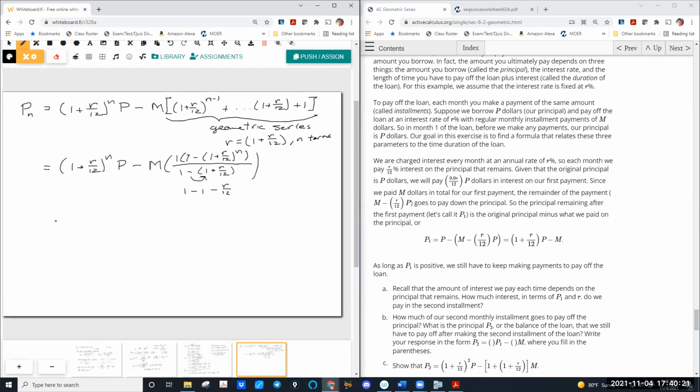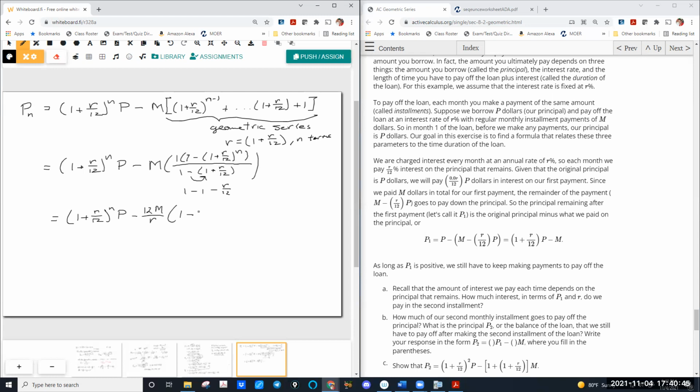So what we're going to have is 1 plus R over 12 to the n times p minus, now we're just going to multiply by 12 over r, so 12m over r. That gets rid of that whole denominator. Because this is just 1, I'm not going to rewrite it.